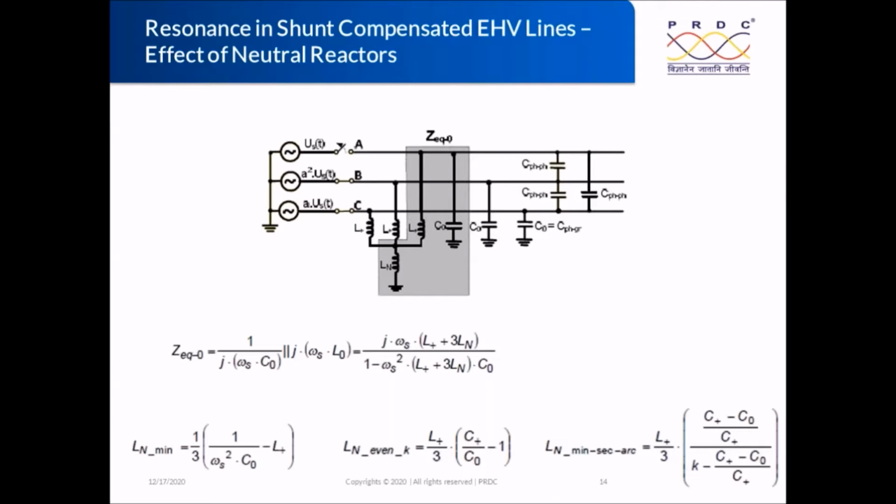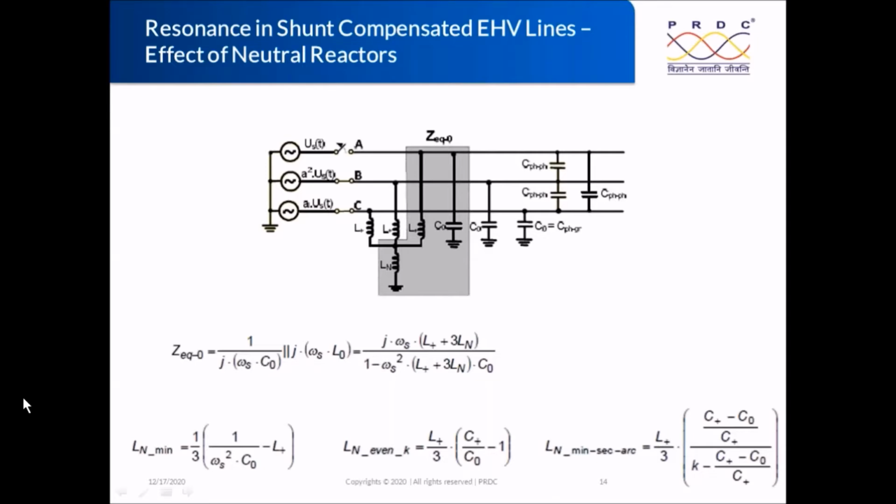The third one is the minimum secondary arc current. For example, in the case of single phase tripping or auto reclosing, we utilize single phase tripping because, as I said, faults are temporary in nature.